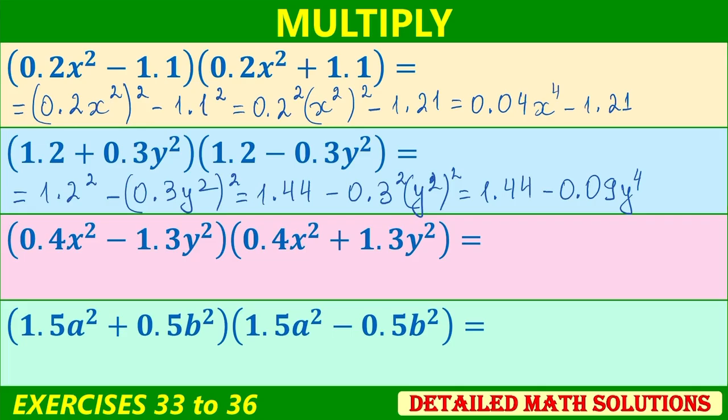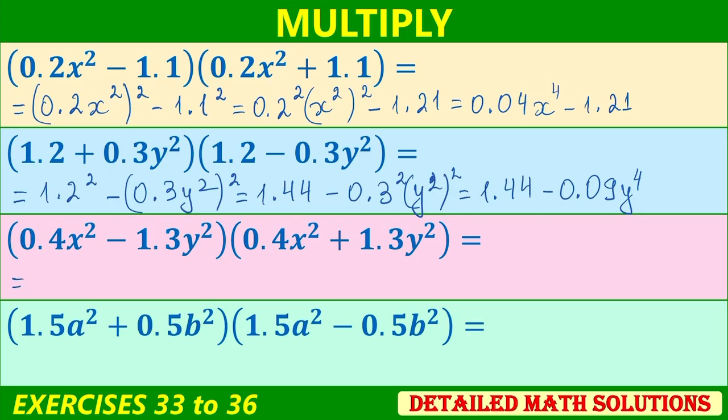Next exercise. Multiply (0.4x squared minus 1.3y squared) and (0.4x squared plus 1.3y squared). Again, 0.4x squared will correspond to the a in the formula and 1.3y squared will correspond to the b in the formula.